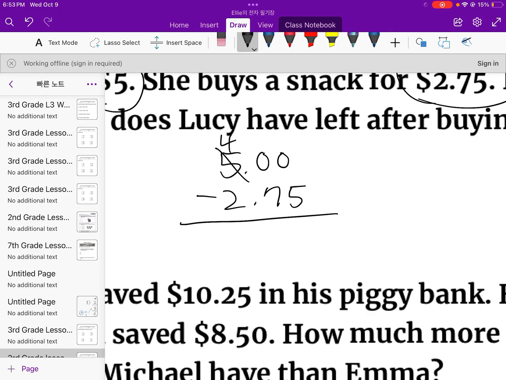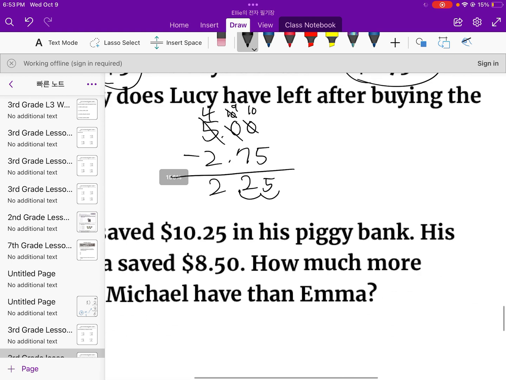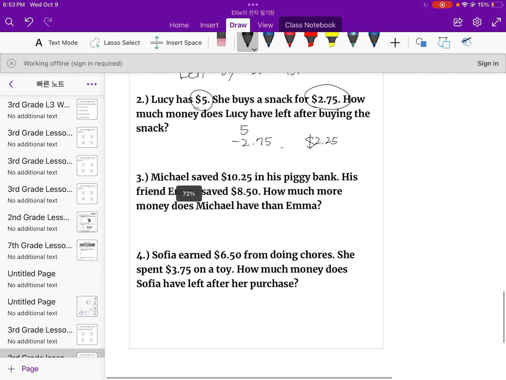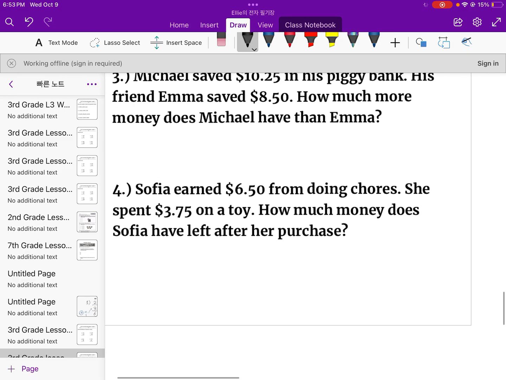So 4 here. We have 10 here, but we have to borrow 1 again, so it's 9 and 10. So 10 minus 5 is 5, 9 minus 7 is 2, and 4 minus 2 is 2. And we move decimal place here, so Lucy has $2.25 left.